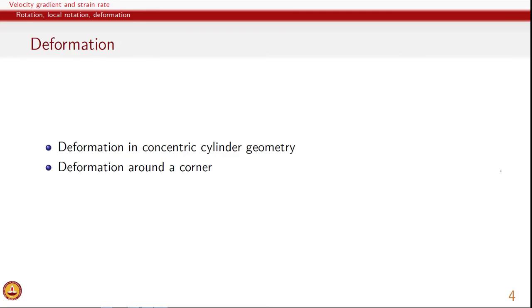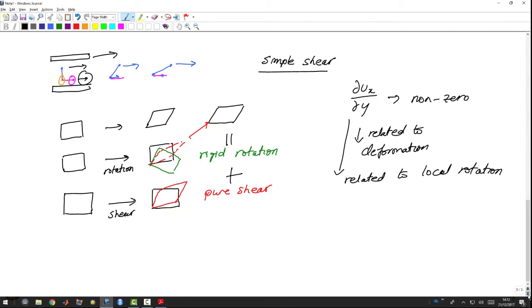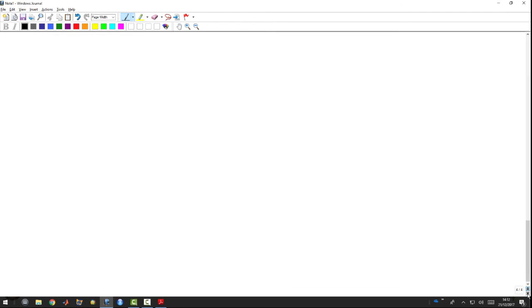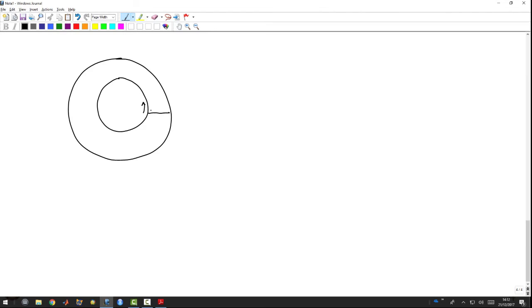So let's just look at an example geometry which is concentric cylinder, and what happens in the case of concentric cylinder. We have an inner cylinder which rotates with certain velocity, and then the outer cylinder which is kept fixed, and because of this the flow profile is such that the inner cylinder keeps on moving, and therefore the velocity would be something like this.